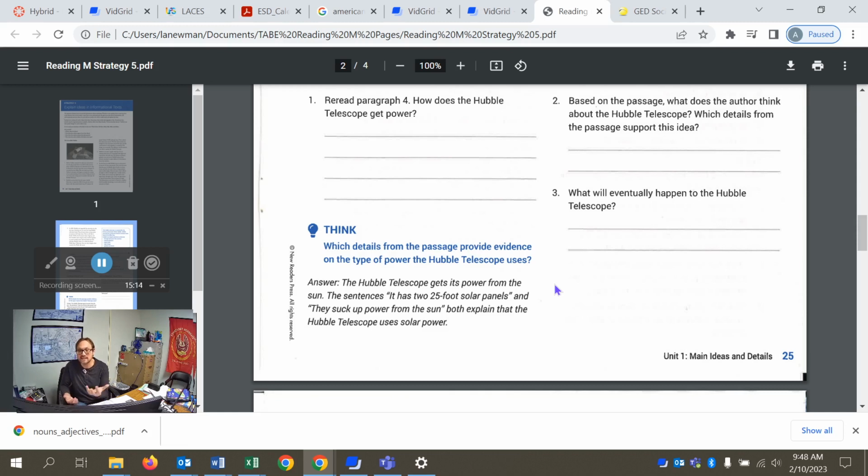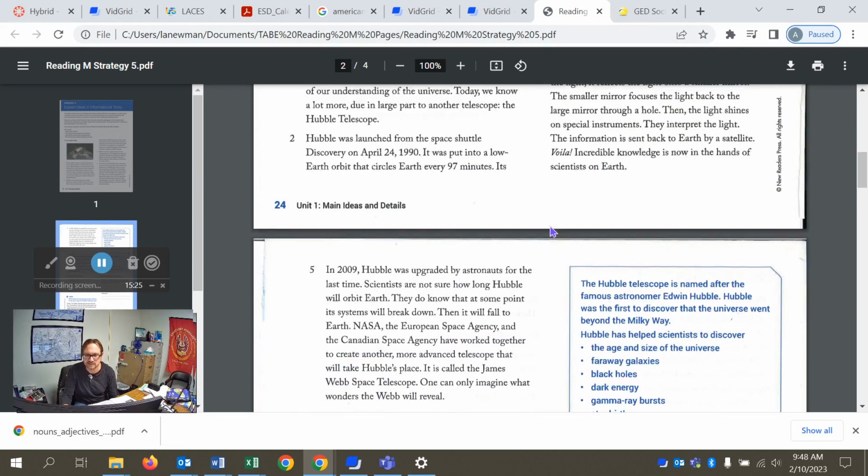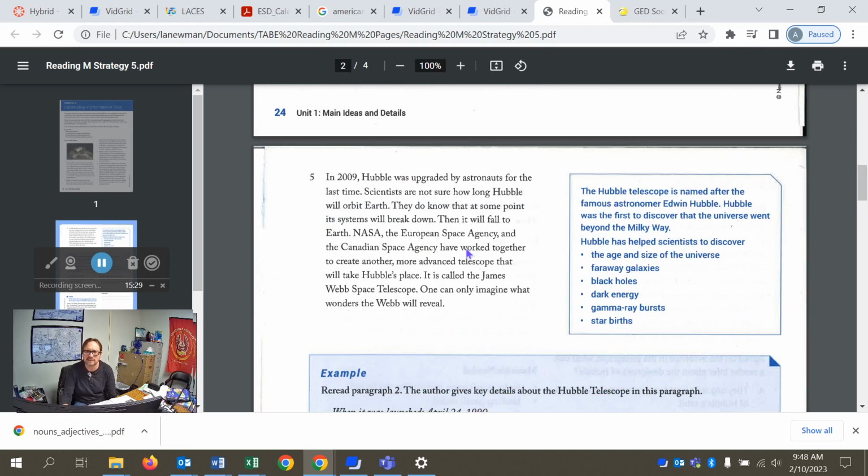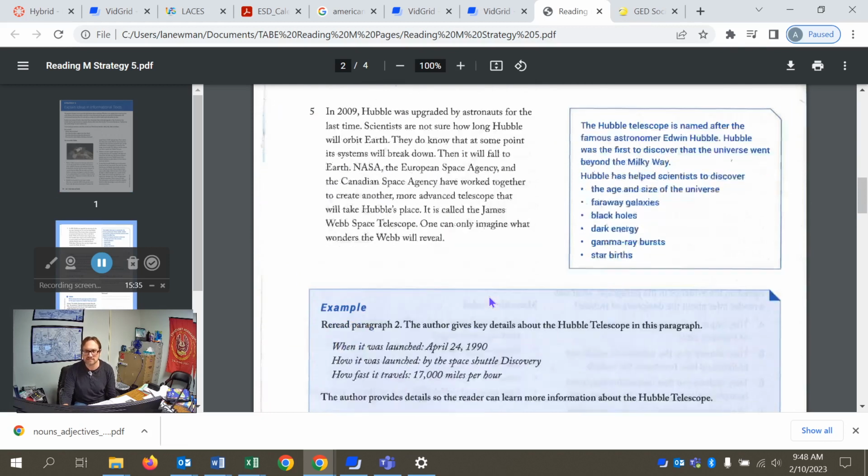It just is there in the passage. What will eventually happen to the Hubble telescope? It will fall to Earth. Once its orbit decays enough and it loses altitude, it will fall to Earth, and that's described here in the last paragraph, that the systems will break down and it will fall to Earth. So explicit information there.